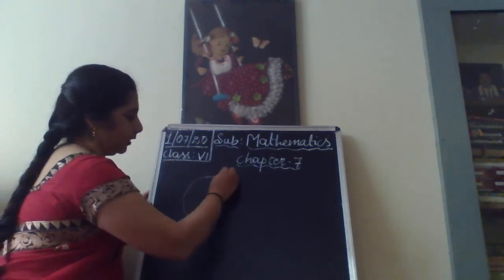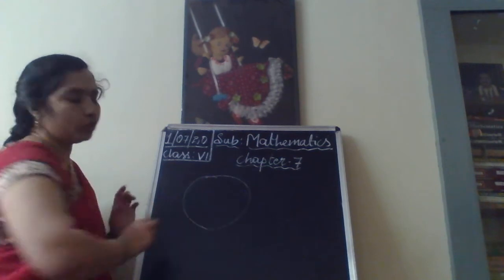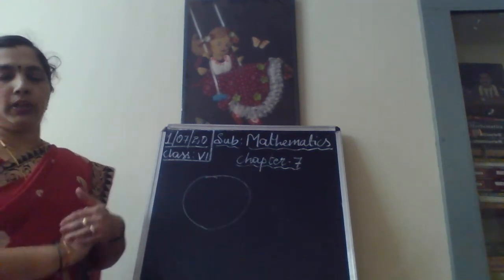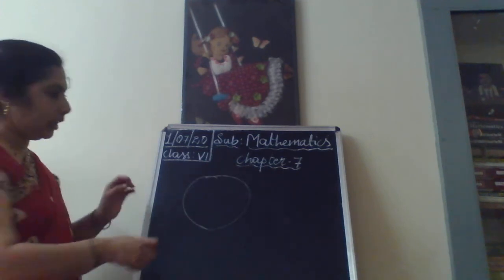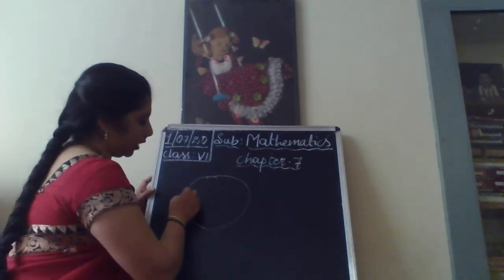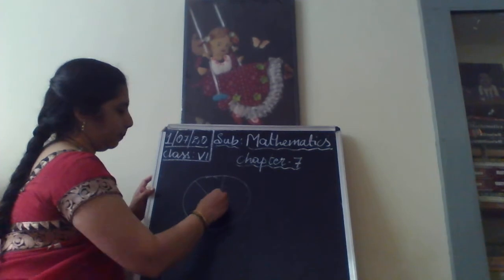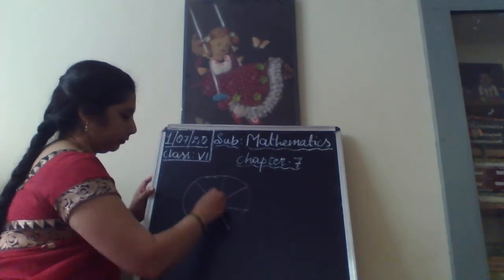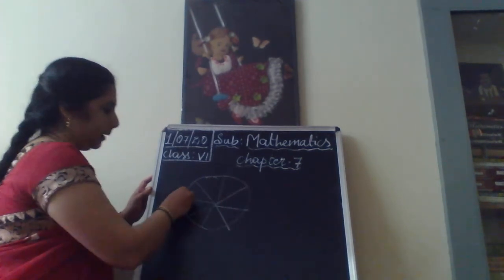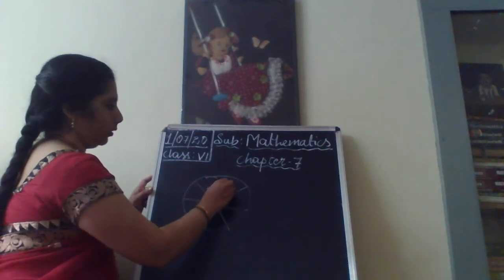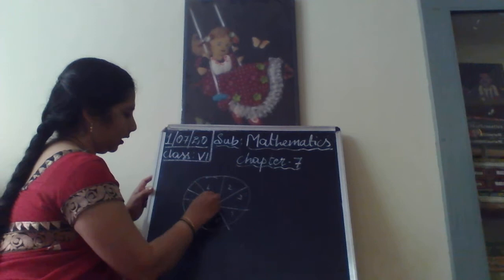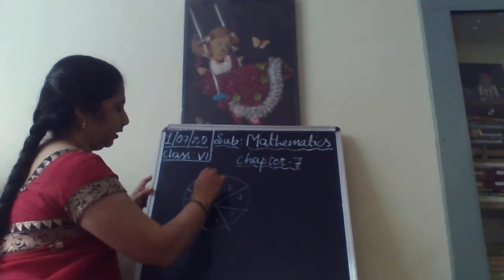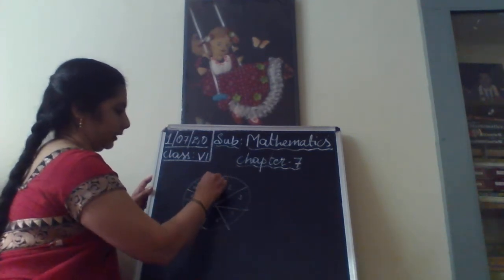There he finds there are 10 students in the orphanage. So he wanted to distribute the whole cake among the 10 students. First he cuts the whole cake into 10 equal pieces. 1, 2, 3, 4, 5, 6, 7, 8, 9 and 10 equal pieces.